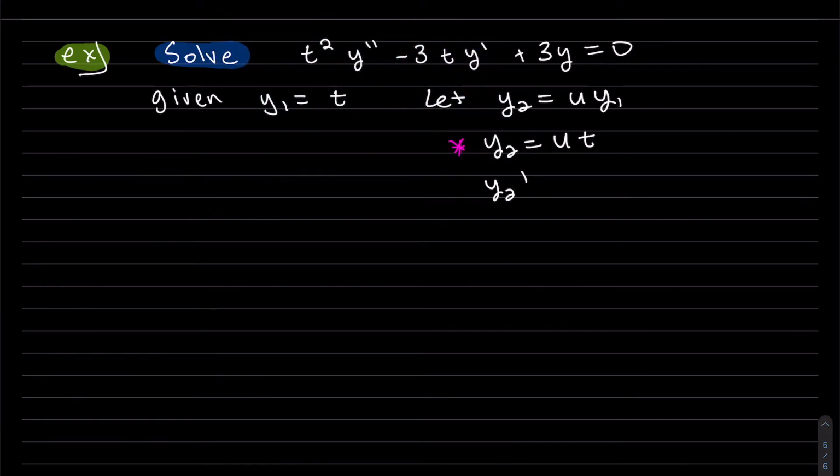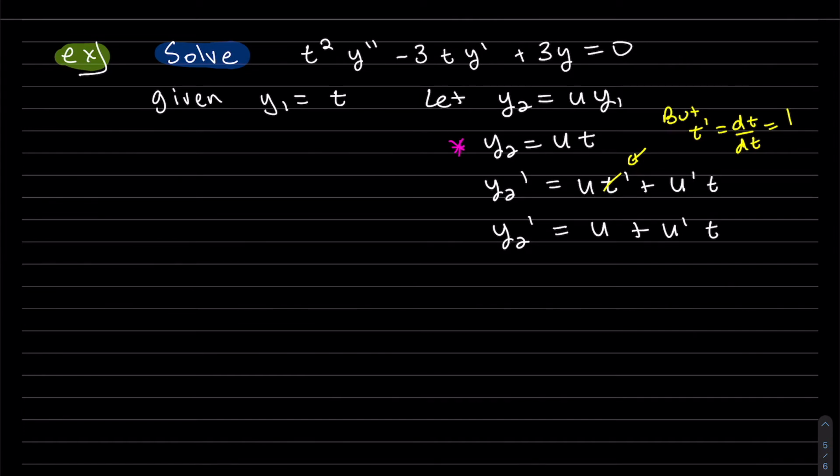y2 prime, product rule. But we want to be careful. T prime is the derivative of t. I told you it's with respect to t, so that's just 1. So y2 prime u times, again, the derivative of t is just 1. Okay, that's 1.